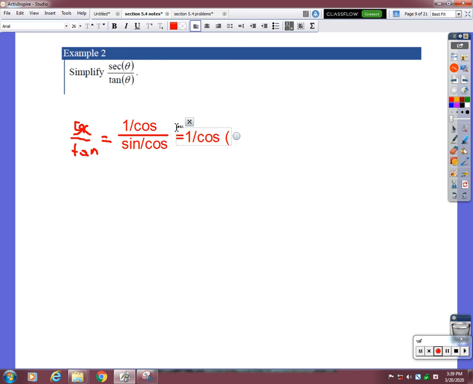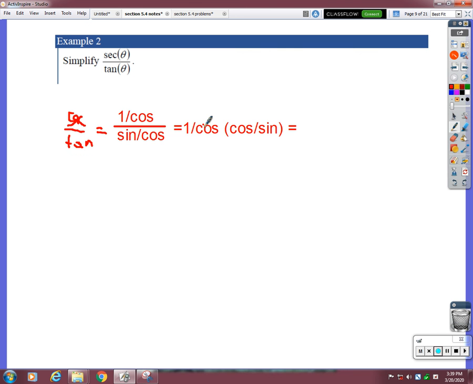Well, I'm sure you remember that when you're dividing by a fraction, what you do is you multiply by the reciprocal. So you multiply that by cosine over sine. And in this case, since this cosine is on the bottom and that cosine is on the top, those two things cancel.